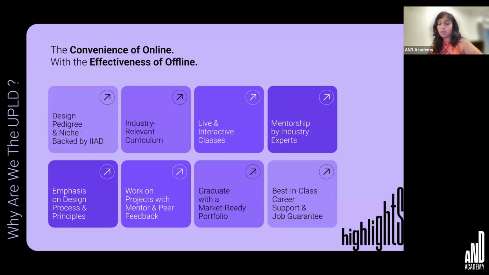Everything that you can imagine in a design studio or in a design classroom happens all online, and we rely on a lot of technological platforms like Miro and Figma Jam and MS Teams to build that experience of a design classroom.